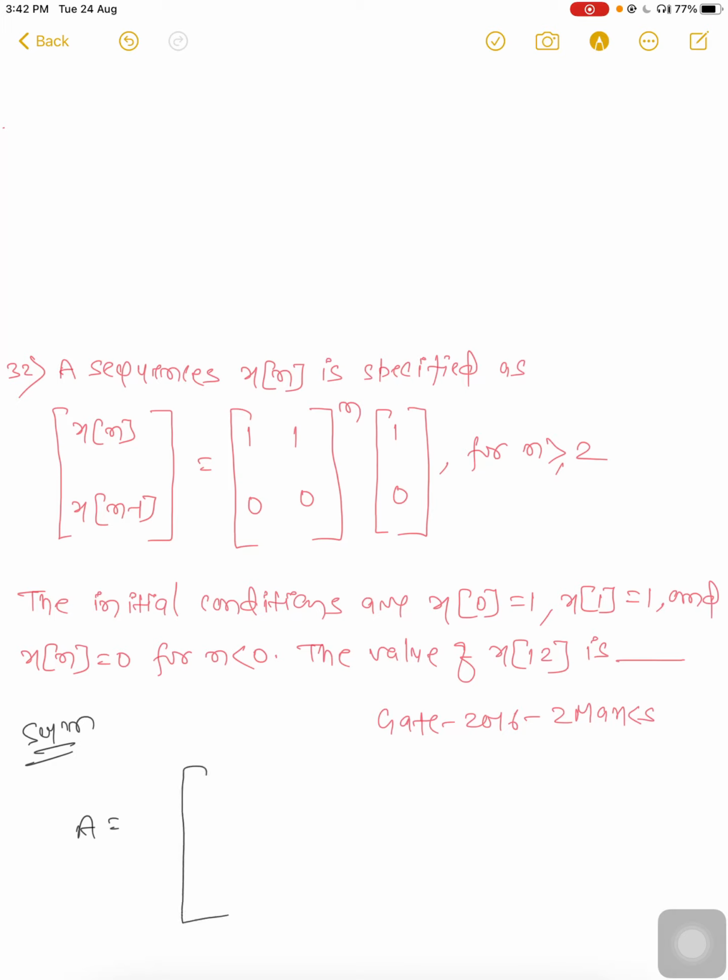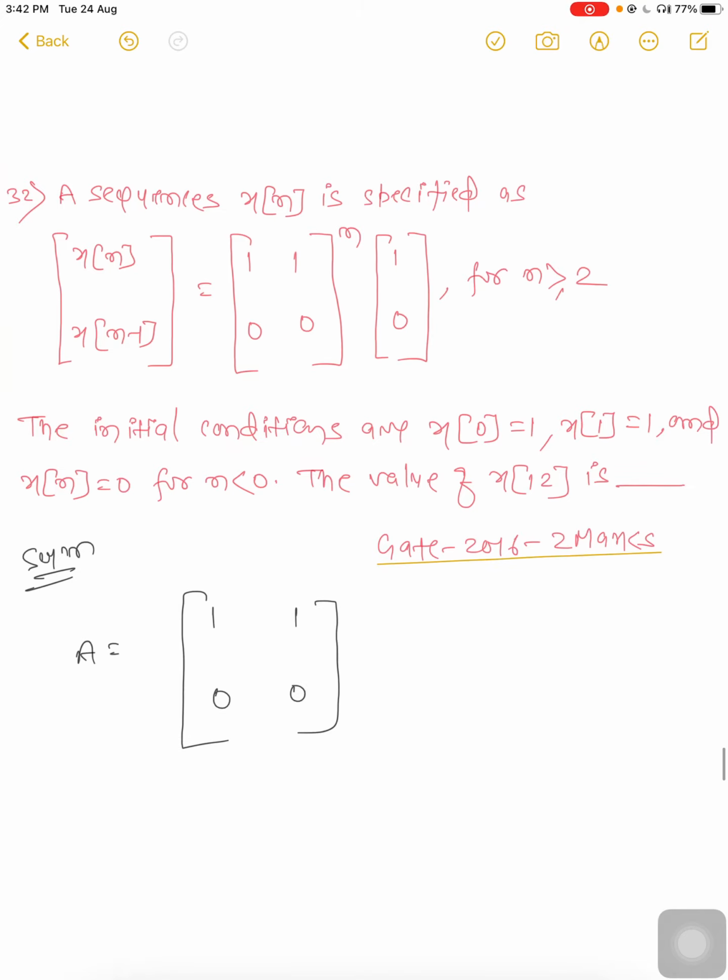So now matrix A is given. Solution: matrix A is given as [1 1; 1 0]. Let's take the characteristic equation.